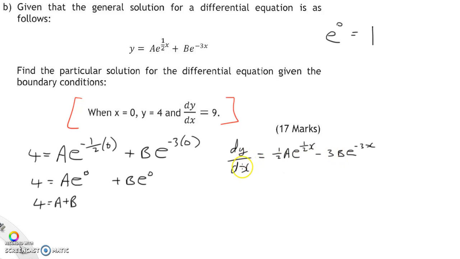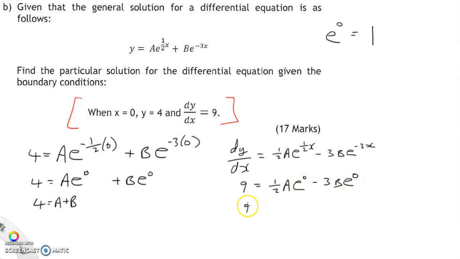Now when dy dx equals 9, x can equal 0. So we have a half times e to the power of a half times 0. That's going to be a 0 again. Minus 3 times b times e to minus 3 times 0, which is going to produce a 0 there again. And anything to the power of 0 is going to be 1.